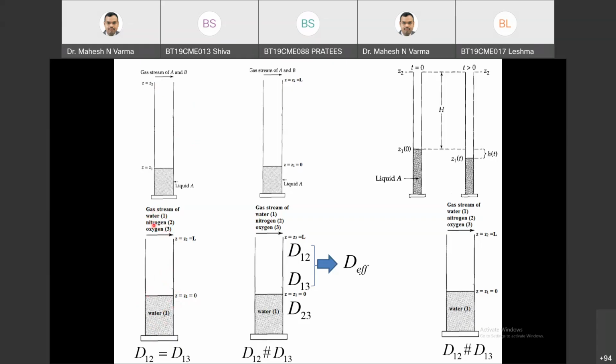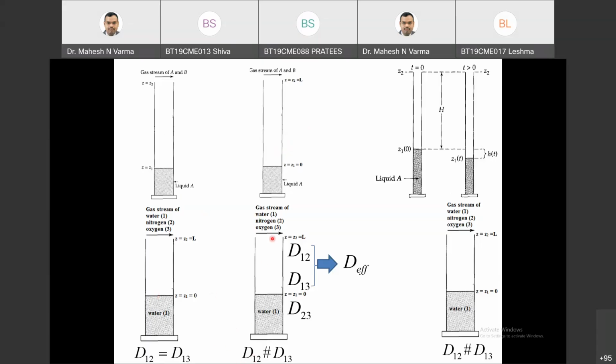Water will be component A, and air will be component B. So these problems are exactly the same, only with some assumptions.